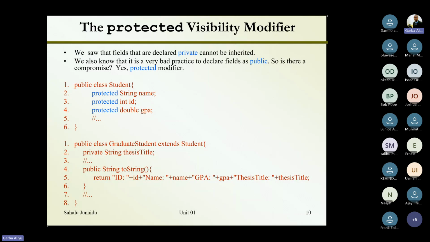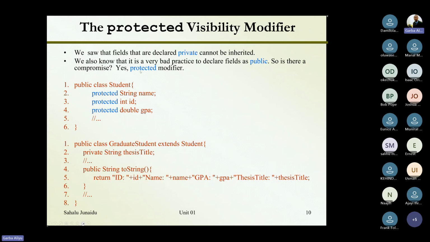So what about the protected visibility modifier? Something in between. If public is allowed to be accessed from anywhere without any restriction, and private is not allowed, is there anything in between that is not as weak as public and is not as restrictive as private? Yes.